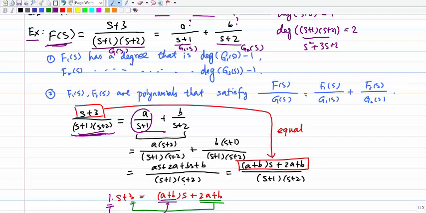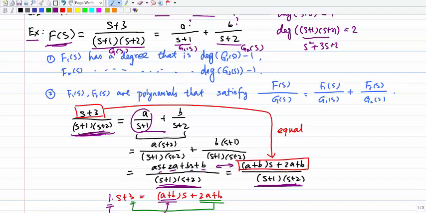Then merging them together, I have s plus 1 and s plus 2 as the denominator. And the numerator is a times s plus 2a plus b times s plus b. So I put them together as a plus b times s plus 2a plus b, and the denominator is the same.